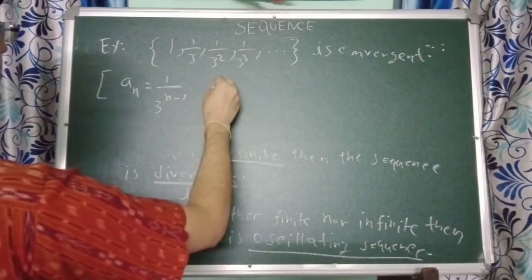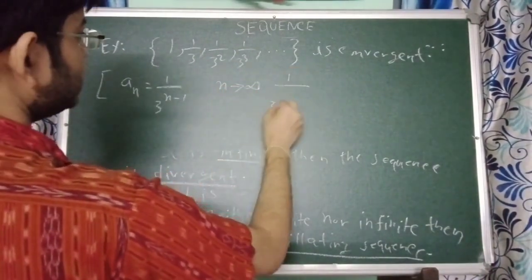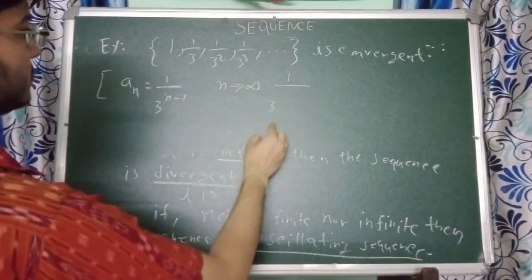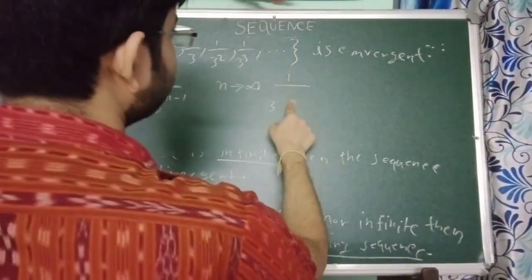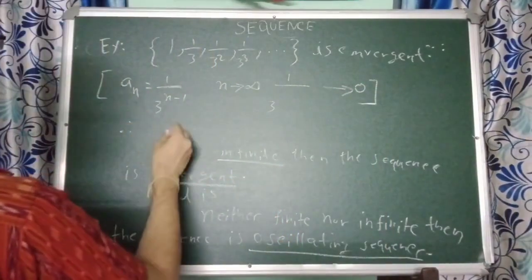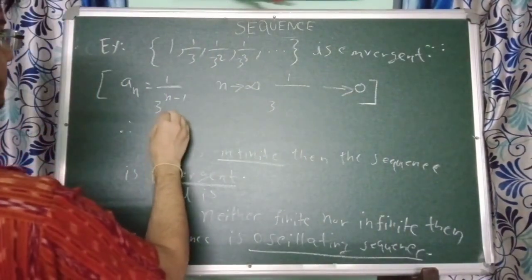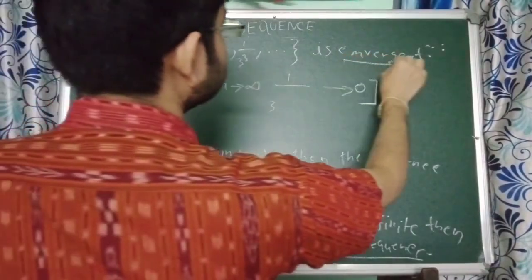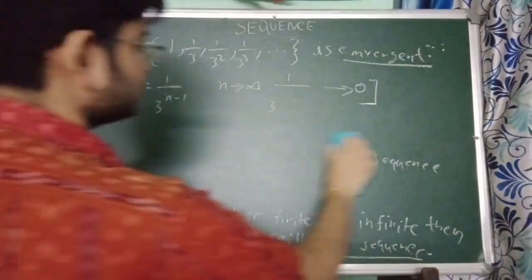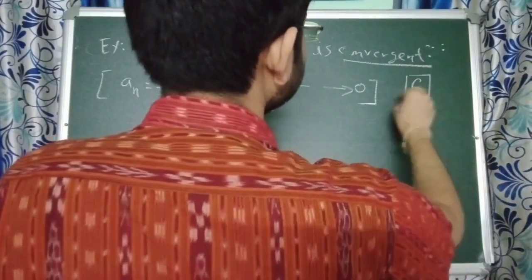Now if we take the limit as n tends to infinity, 1 by 3 to the power n minus 1 goes to 1 by 3 to the power infinity, so 1 by infinity, and this goes to 0, which is finite. So the sequence is convergent.